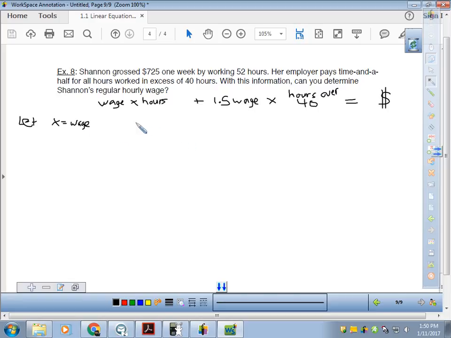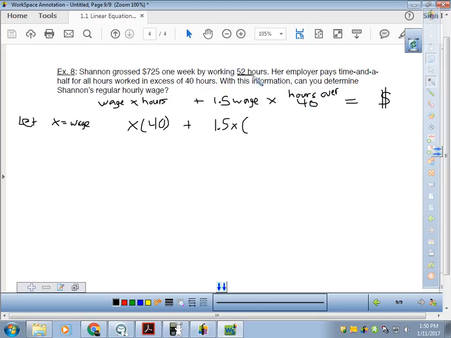So let's kind of fill some of this in. We know wage is X. Okay, hours. She worked 52 hours. Now, she gets paid this wage for the first 40 hours, so we're going to have this times 40. Plus, over here we have 1.5, we have her wage again, which is X, and then we're going to multiply that by her hours over 40.